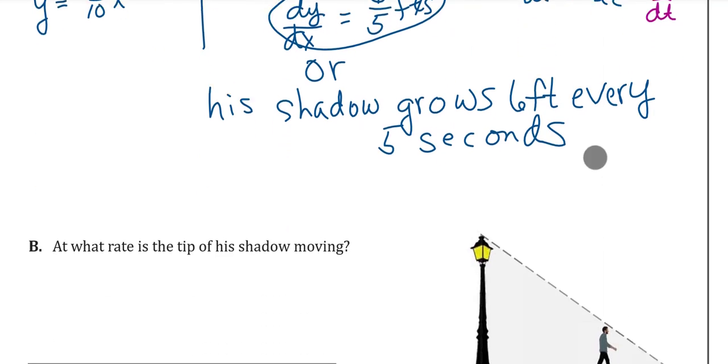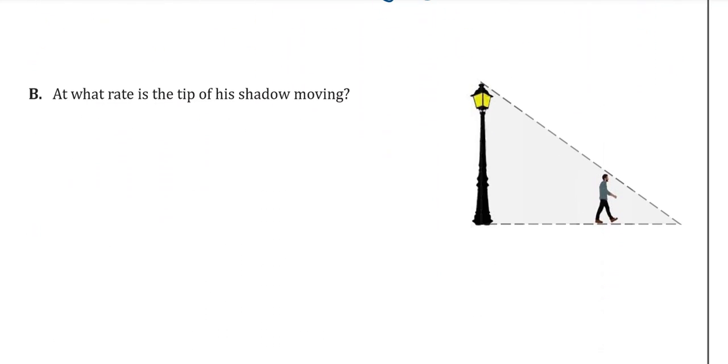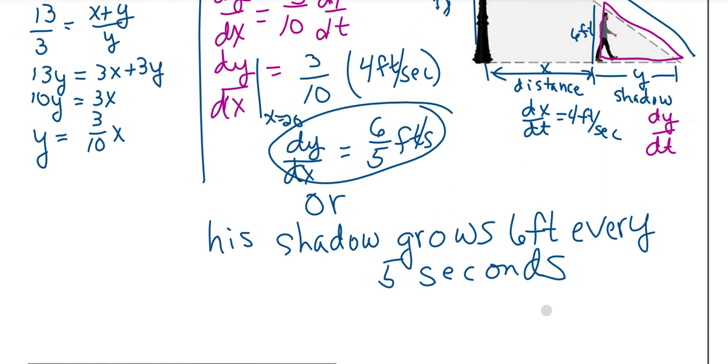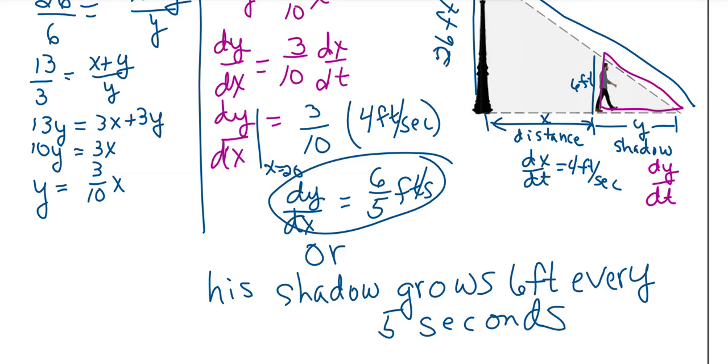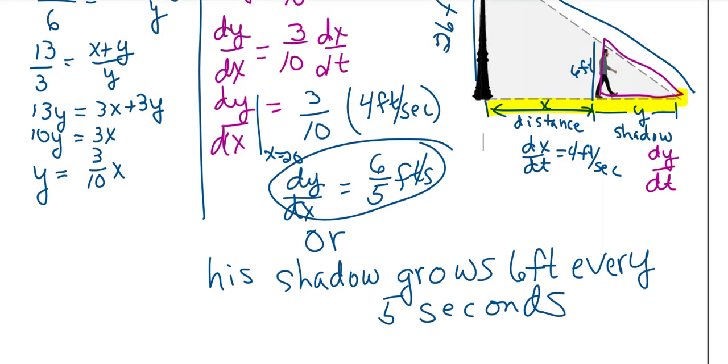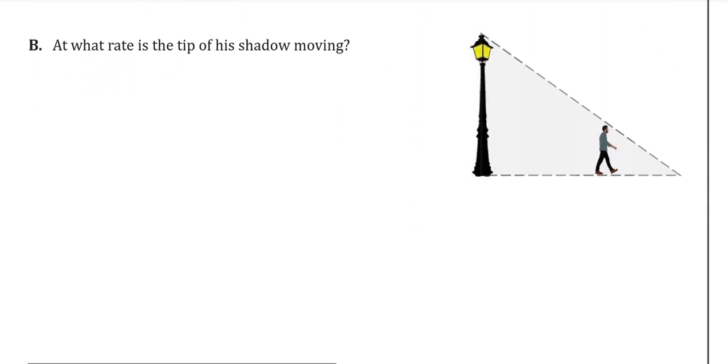Okay, and then finally part 2 says, at what rate is the tip of his shadow moving? So that's just the very tip. So going back to our picture above here, the tip of the shadow is at this point right here. So it's this entire distance that is moving. So our equation is going to be this.